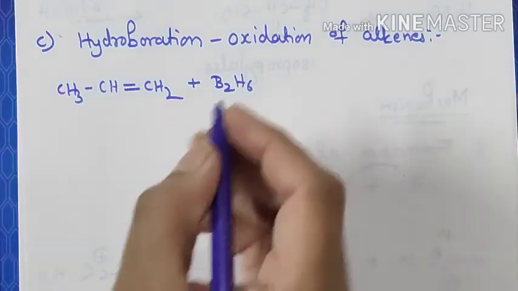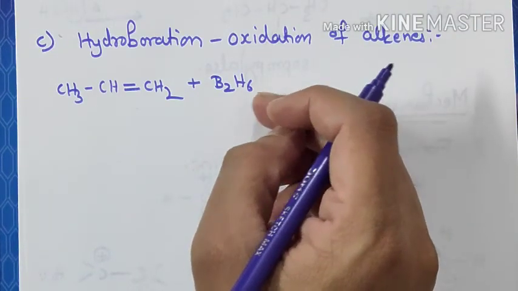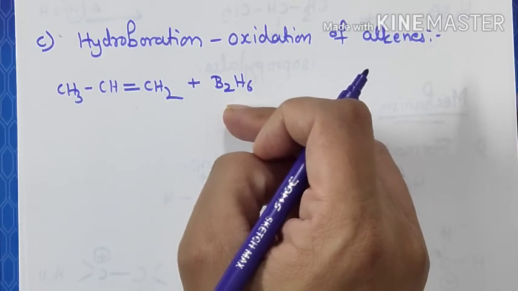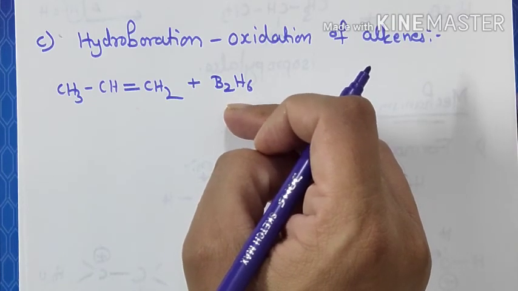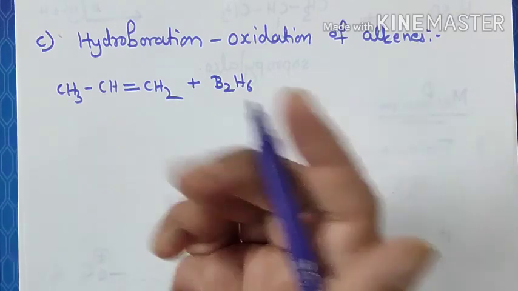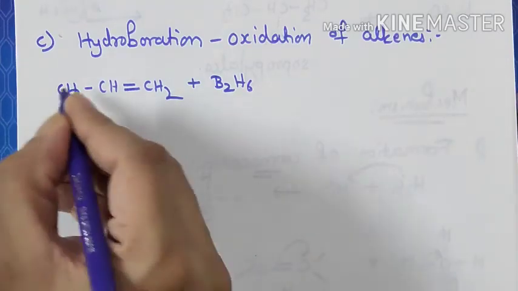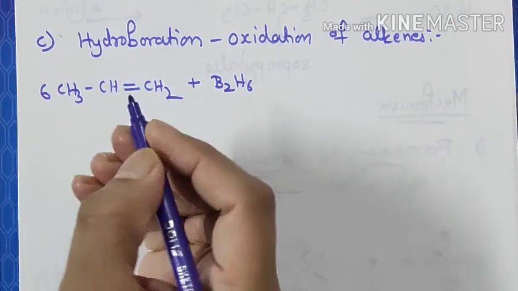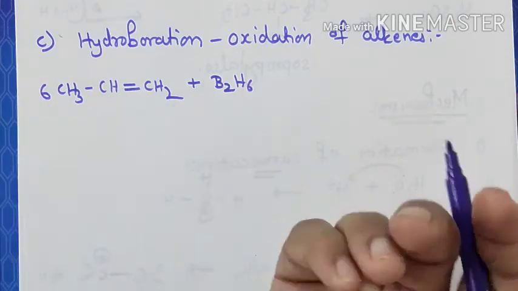Diborane, we have to take one single molecule first to understand. The reaction is something different. Let me first complete the reaction, and then I'll explain it to you. You have to take 6 mole of this alkene.